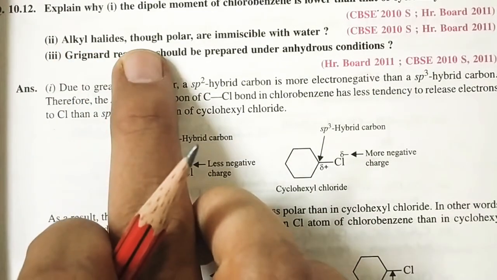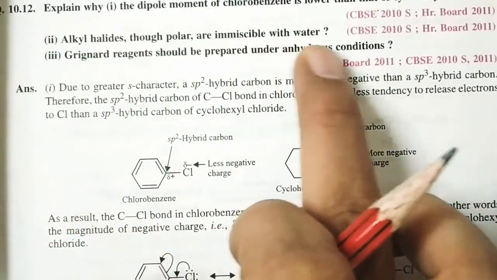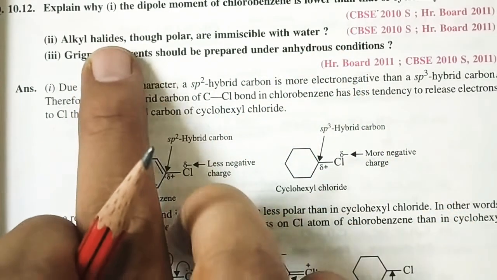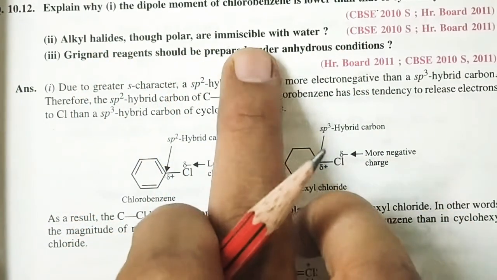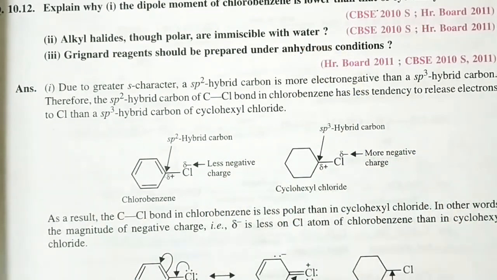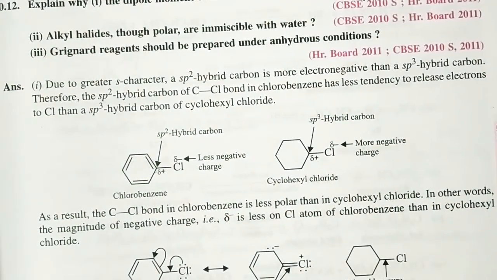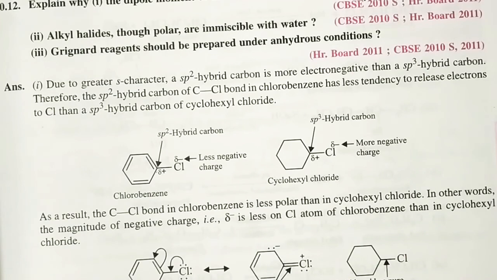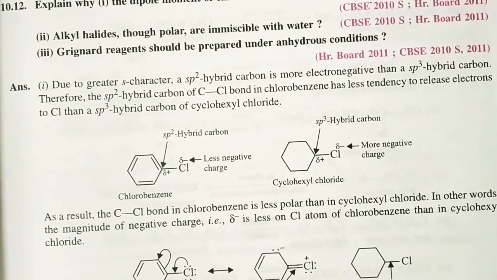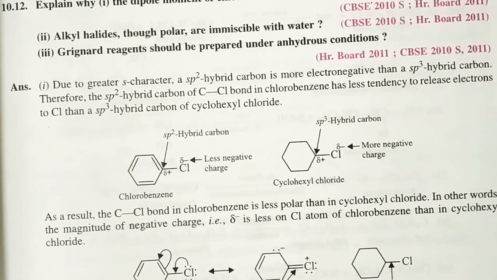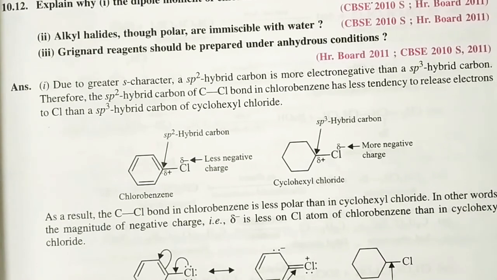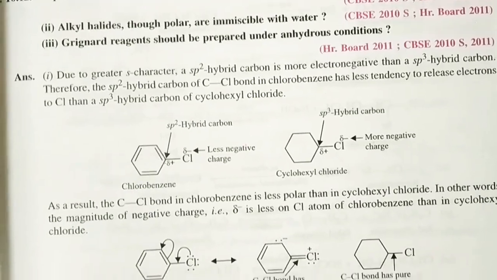What is question number 2? Alkyl halides, though polar, are immiscible with water. We know that alkyl halides are polar in nature, but why are they immiscible with water? What is the reason behind that? We know that most polar molecules are soluble in polar solvents, right? But in this case, the alkyl halide molecules are held together by dipole attractions, and the water molecules are also held together by hydrogen bonds.